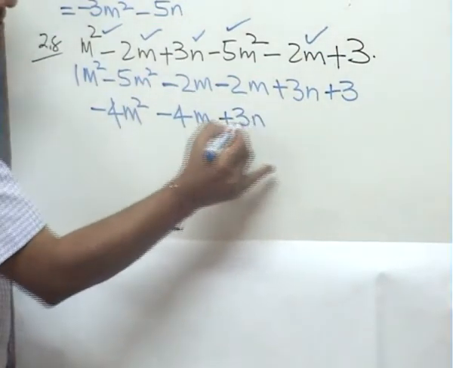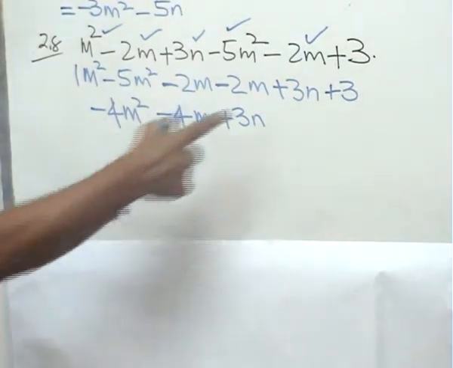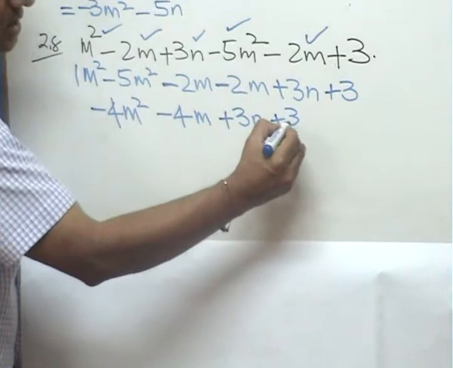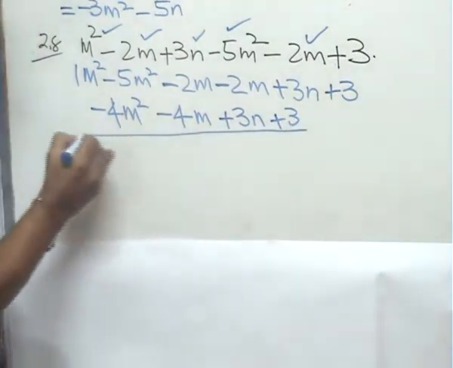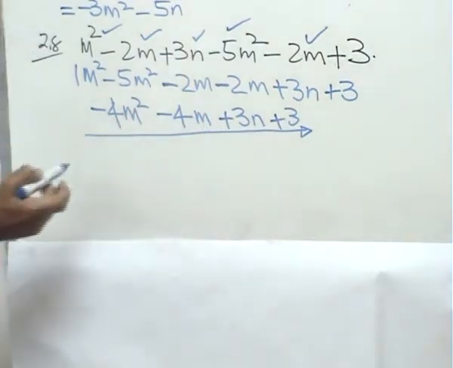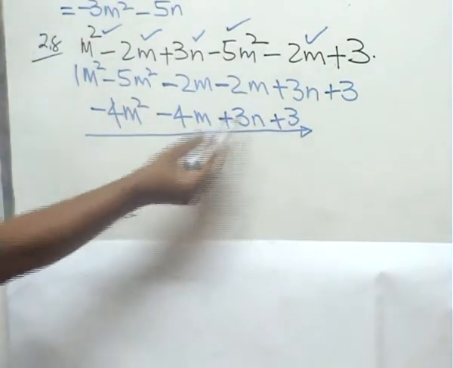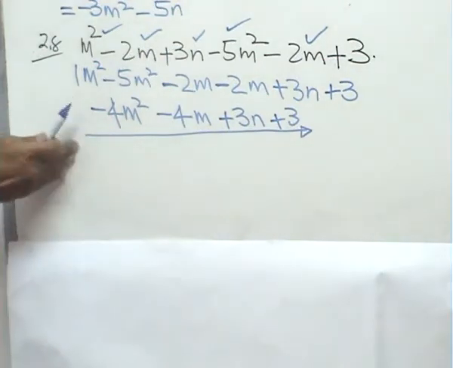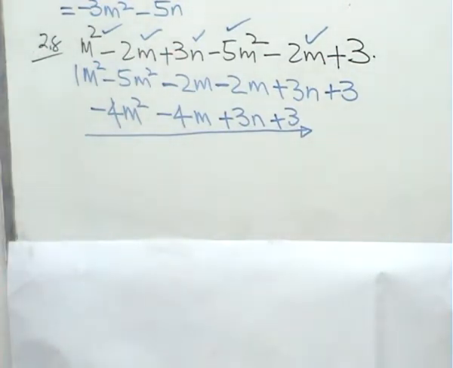There are no more terms in n, so you just write down plus 3n. There's plus 3 here, there are no more numbers, so just write down plus 3. And that's the final answer, because all these are now unlike terms, so you can't add them up together. So you have to stop here. So that is the final answer for 2.8.